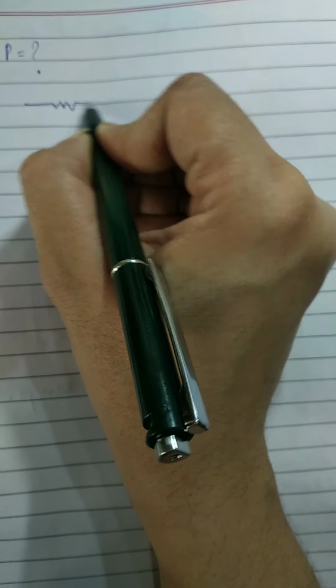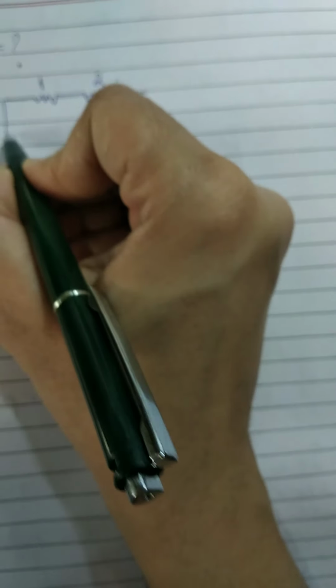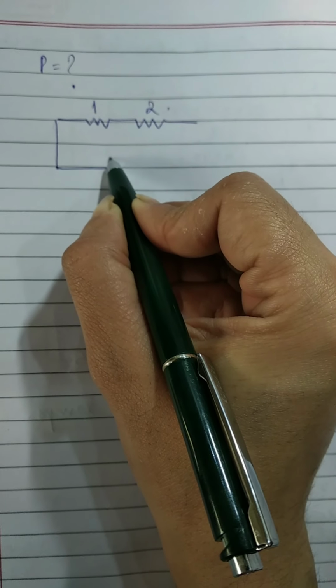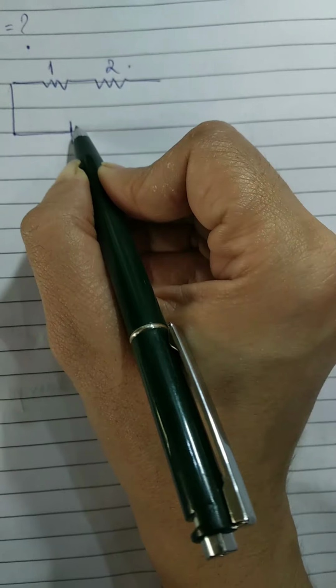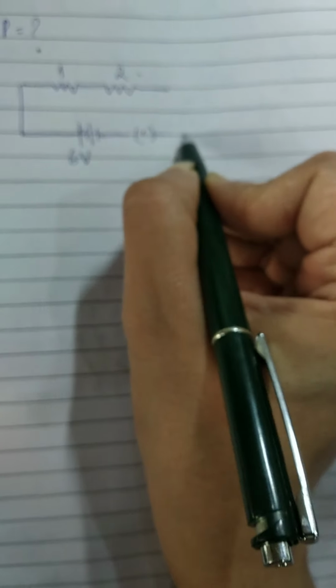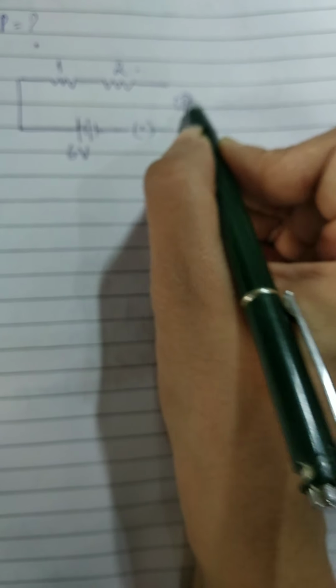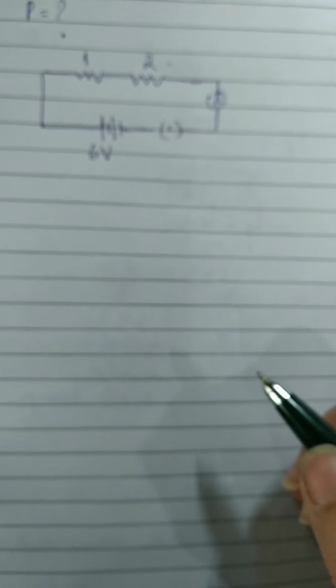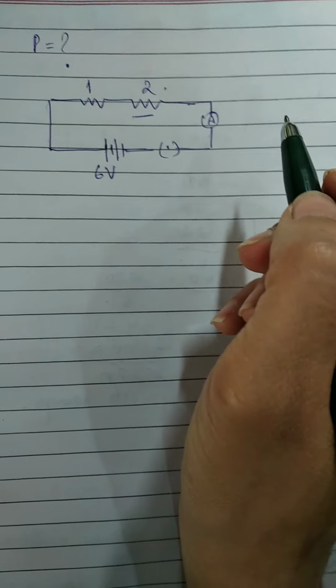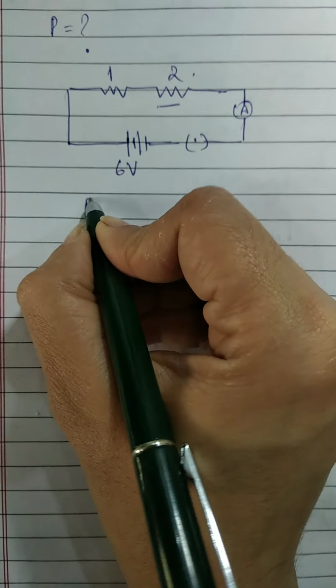This is a series circuit, 1 and 2 ohm resistor. And the supply voltage is 6 volt. Right? So we have to calculate the power through 2 ohm resistor. Remember, we have to calculate power.